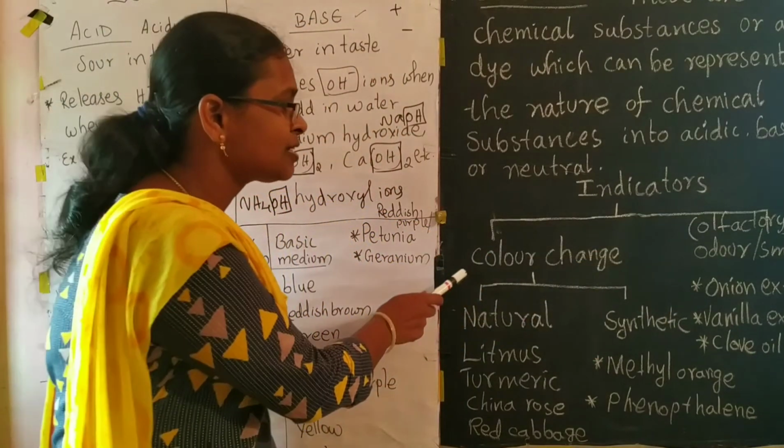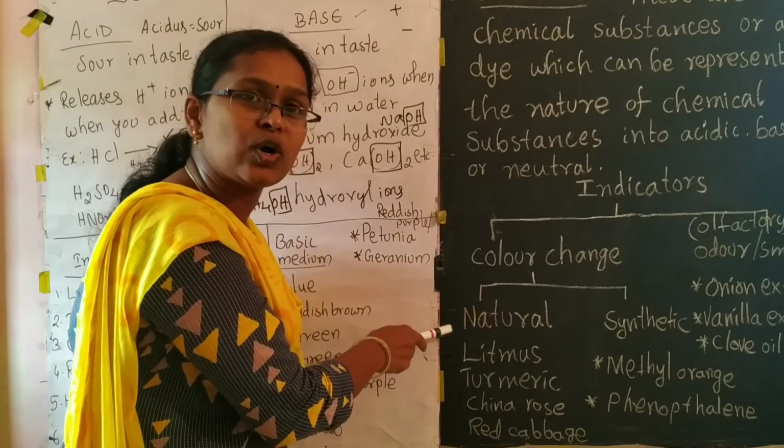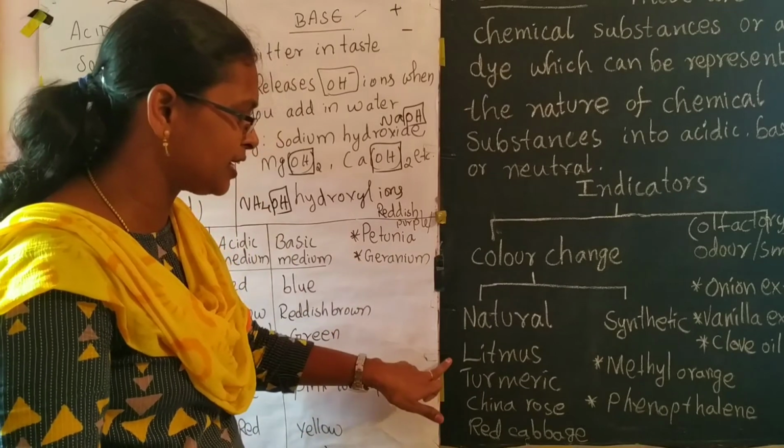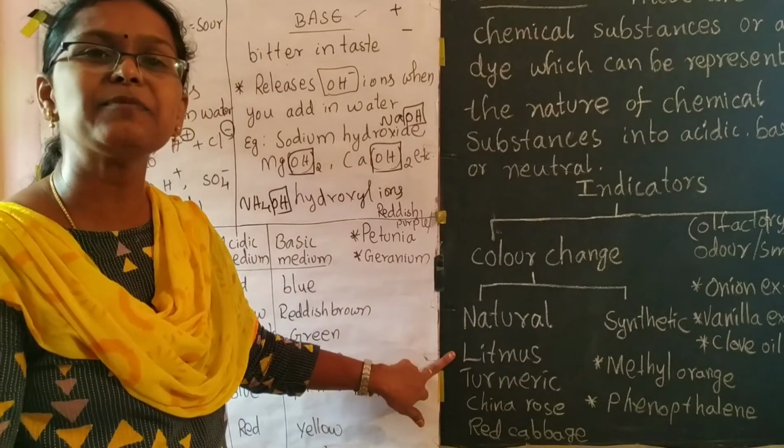For the color changes, we have two types of indicators called natural indicators and synthetic indicators. Among natural indicators is litmus.